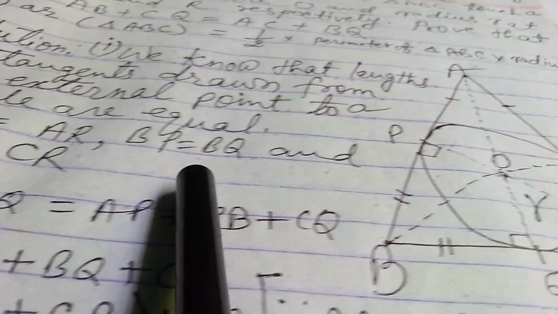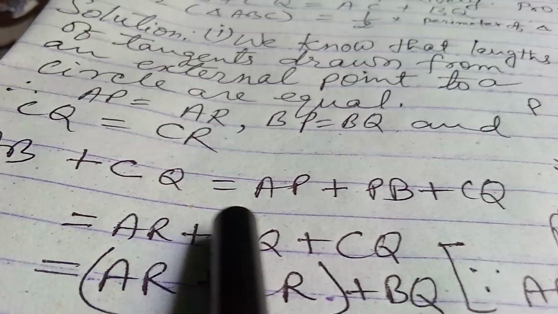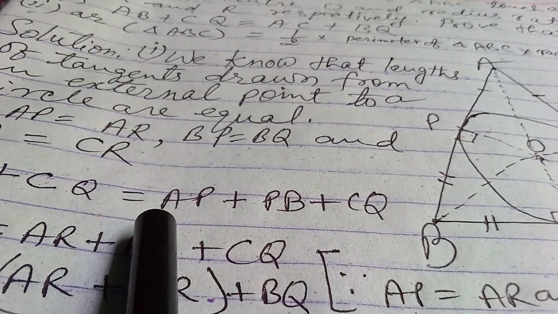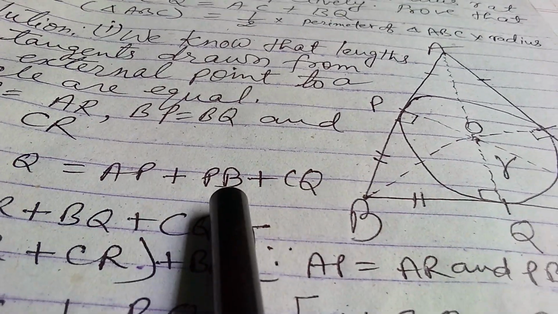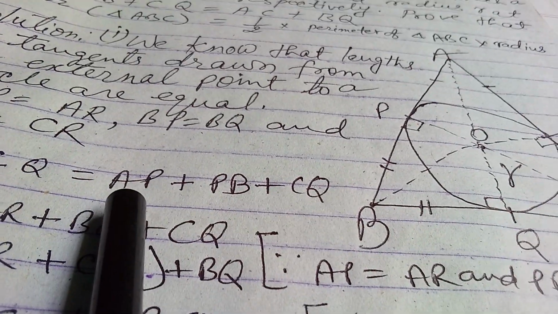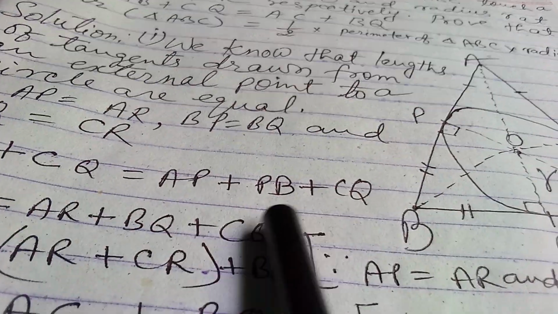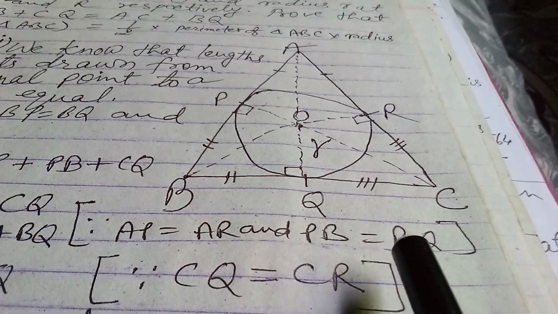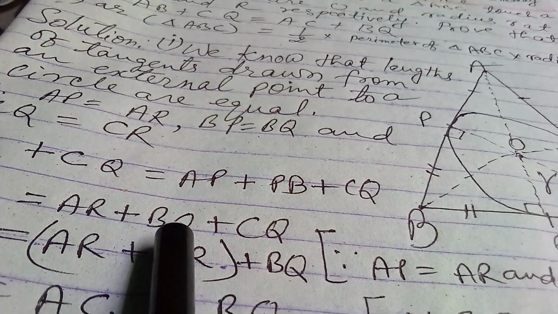Okay, so we write here AB plus CQ equals AP plus PB plus CQ, because AP and PB lie on AB. That's why in place of AB we have written AP plus PB plus CQ. And just now I told you that AP equals AR and PB equals BQ. So instead of PB we write BQ.